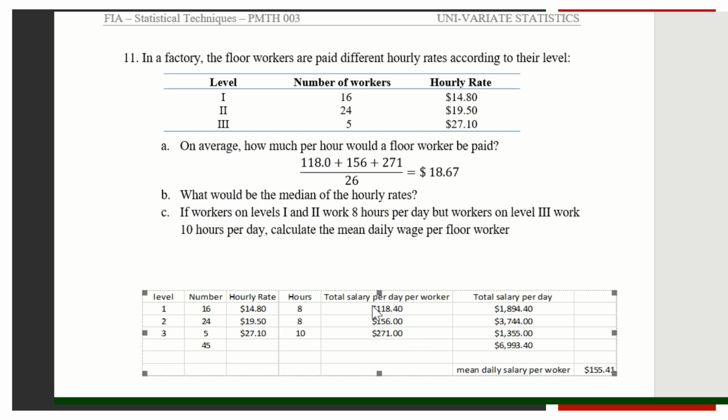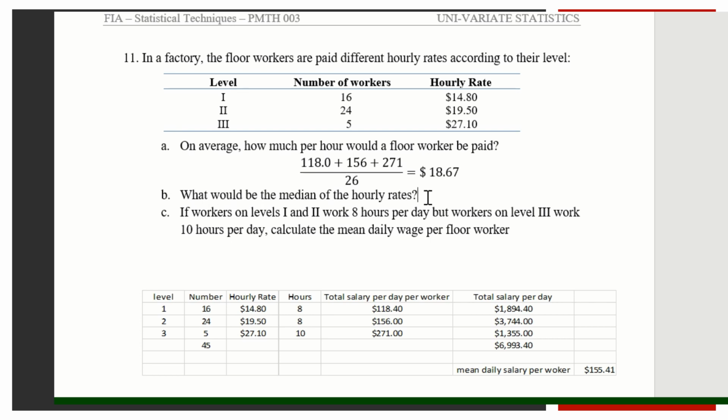All right, then the total salary. So 118,156, you divide with 26. How much per hour? So total money over total number of hours. That means total hours is 26. Because level 1 and 2 work 8 hours and level 3 work 10 hours. So you get 18.67.